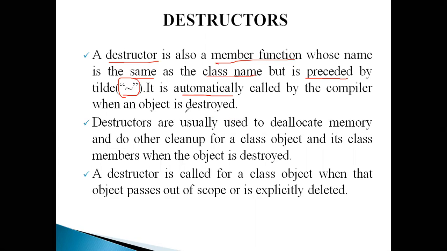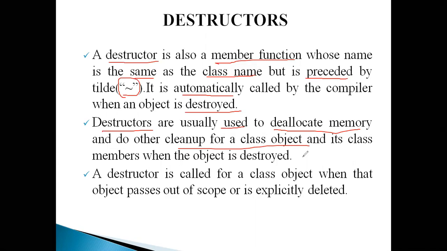Whenever the object is destroyed, that is, whenever the program execution goes out of scope, this destructor is automatically called by the compiler in order to release the memory which was allocated earlier by the same object. Destructors are usually used to deallocate the memory and clean up the class objects and their class members.